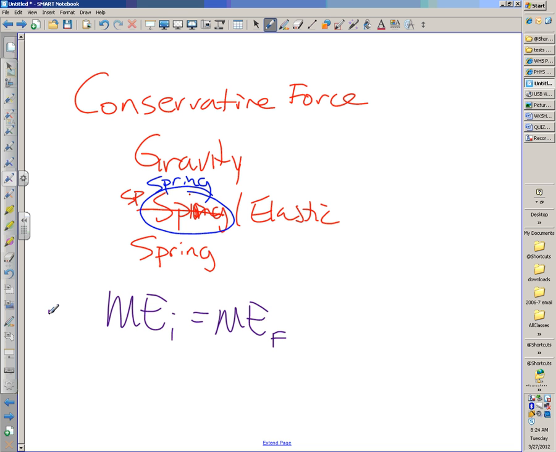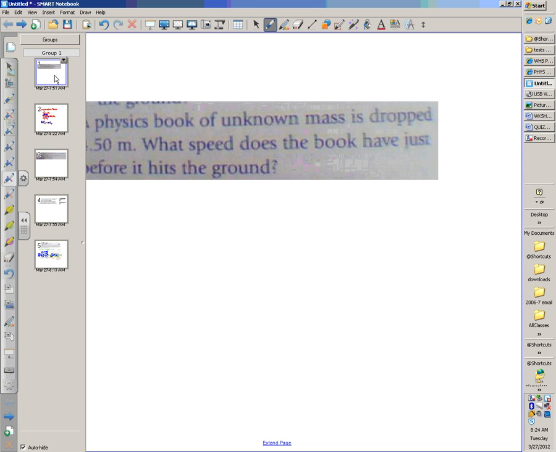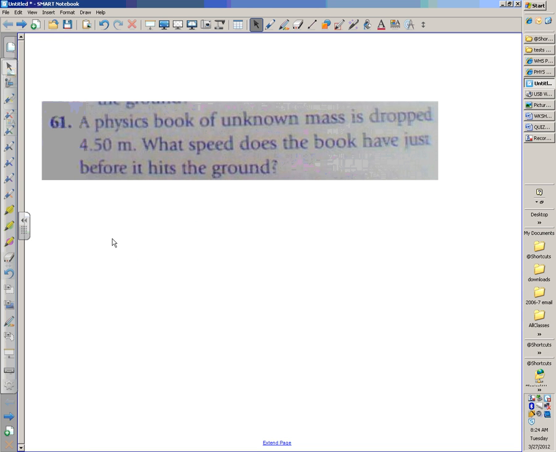All right, with that being said, let's go here. This is a problem for your book. It's the end of chapter 10, maybe 11. I can't remember. It says, a physics book of unknown mass is dropped 4.50 meters. What speed does the book have just before it hits the ground?